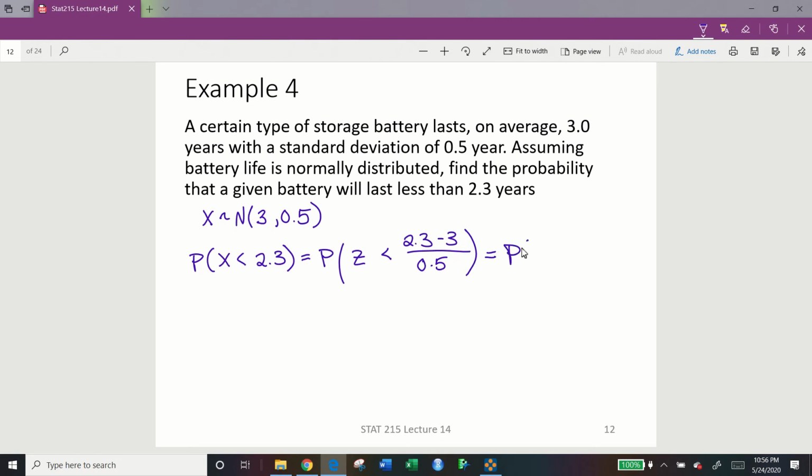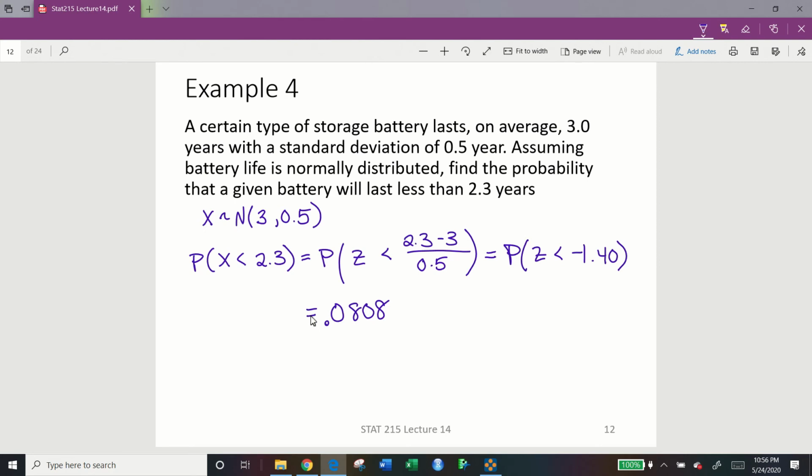And now I'm going to simplify. So this will be the probability of z less than negative 1.40. And if we check our z-table, that will be 0.0808. Perfect. Easy peasy, right?